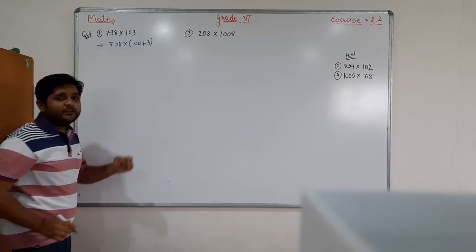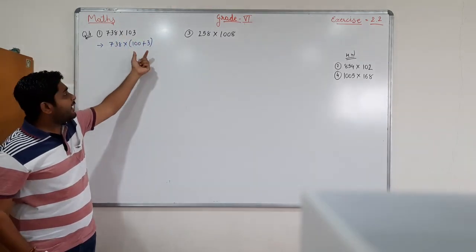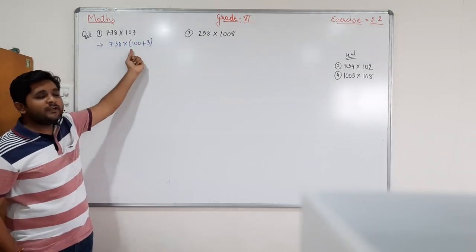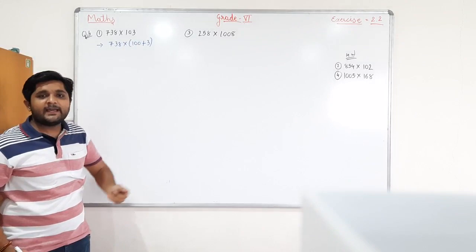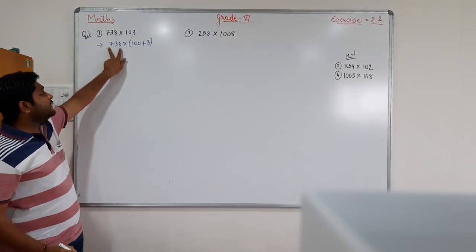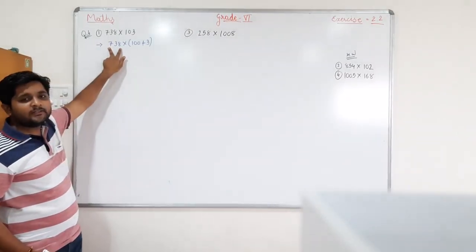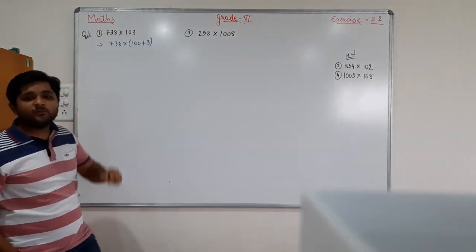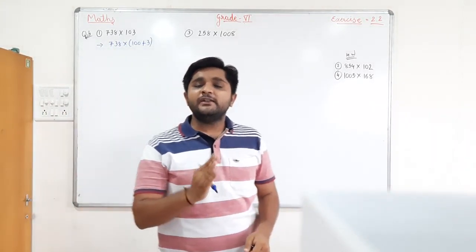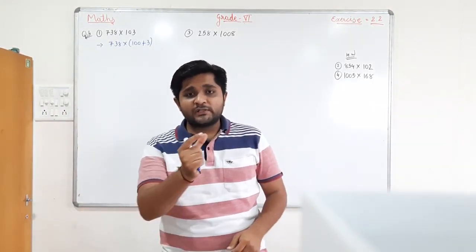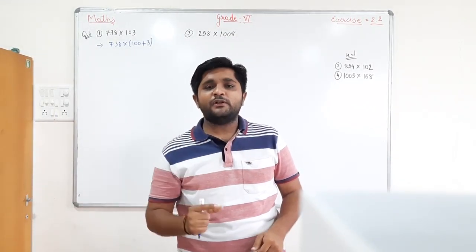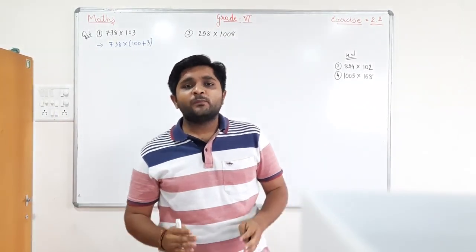So in place of 103 I can write 100 plus 3; 100 plus 3 is equal to 103 only. Now 738 is multiplied with both of these. This is the distributive property. So 738 is multiplied with both numbers.